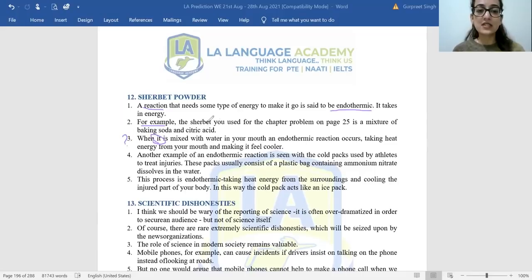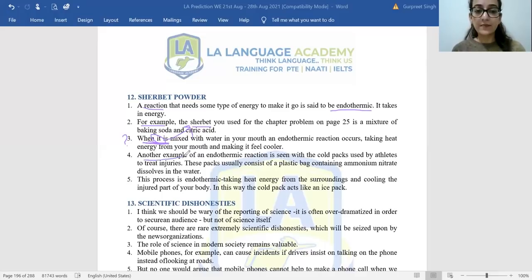And what is mixed is the sherbet is a mixture of baking soda and citric acid. And when we put it in our mouth, it mixed with water in your mouth, an endothermic reaction occurs, taking heat energy from your mouth and making it feel cooler. So this makes a difference that we first have to talk about what is going in the mouth and only then we'll say when it goes to the mouth.